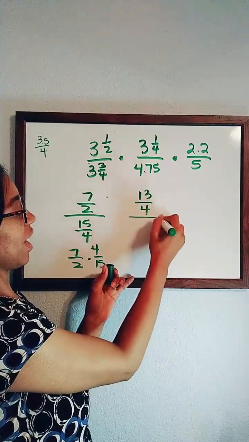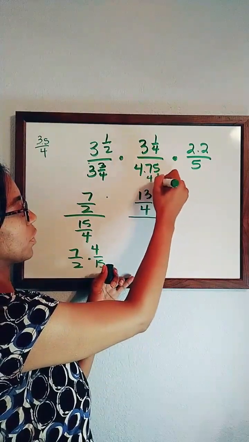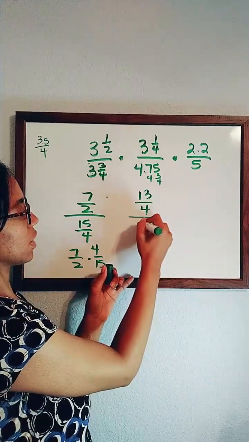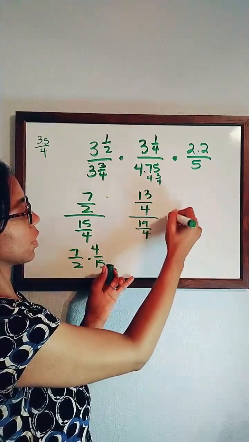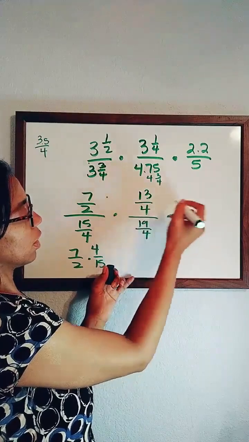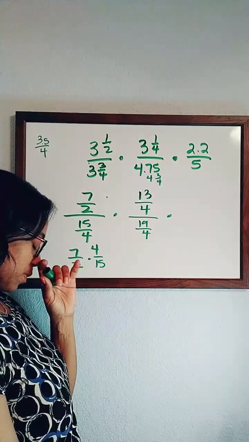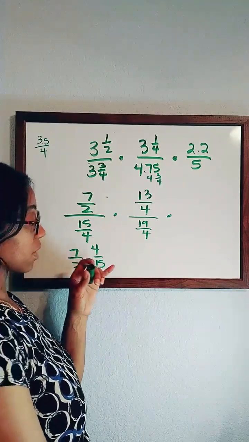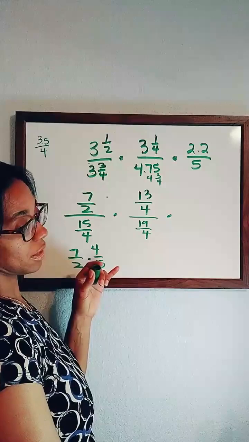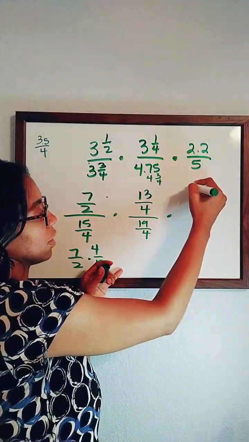This would be 4 and 3/4. 16, 17, 18, 19 over 4. Oh, what is that? 0.2. I think it's 1/5. I think it's 2 and 1/5.